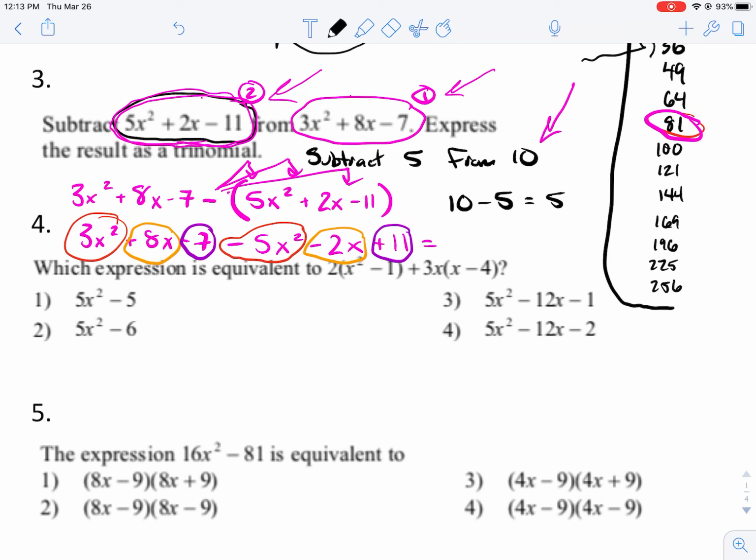Okay, so our final answer is -2x squared plus 6x plus 4. Okay? Let me check my math there. So 3x squared minus 5x squared, that's -2x squared. 8x minus 2x, that's 6x. And 11 minus 7 is 4. Happy. Okay? And there's your answer, folks.